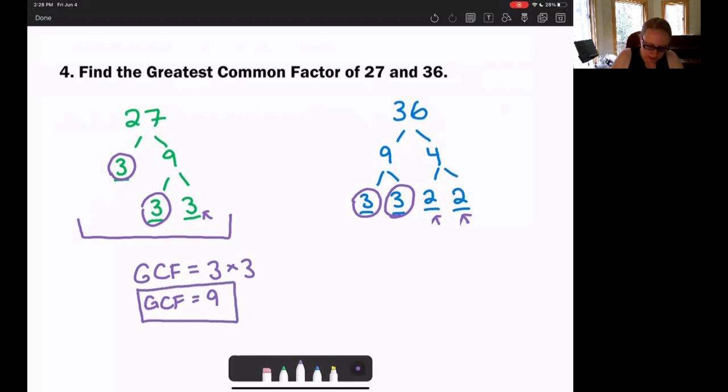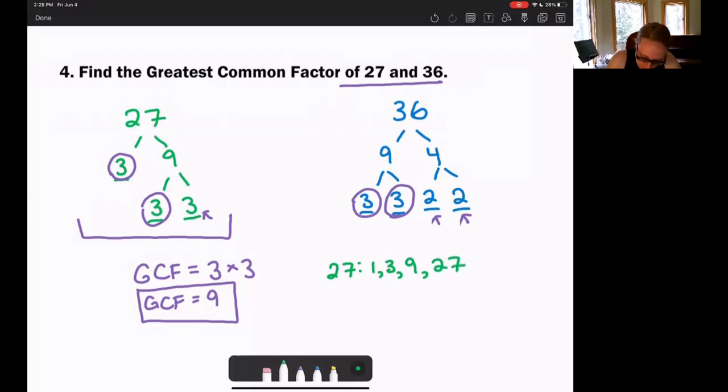And if you look back at the original question and think about the greatest common factor of 27 and 36, you could actually list out all of the factors if you wanted. So for 27, we would have 1, 3, 9, and 27.